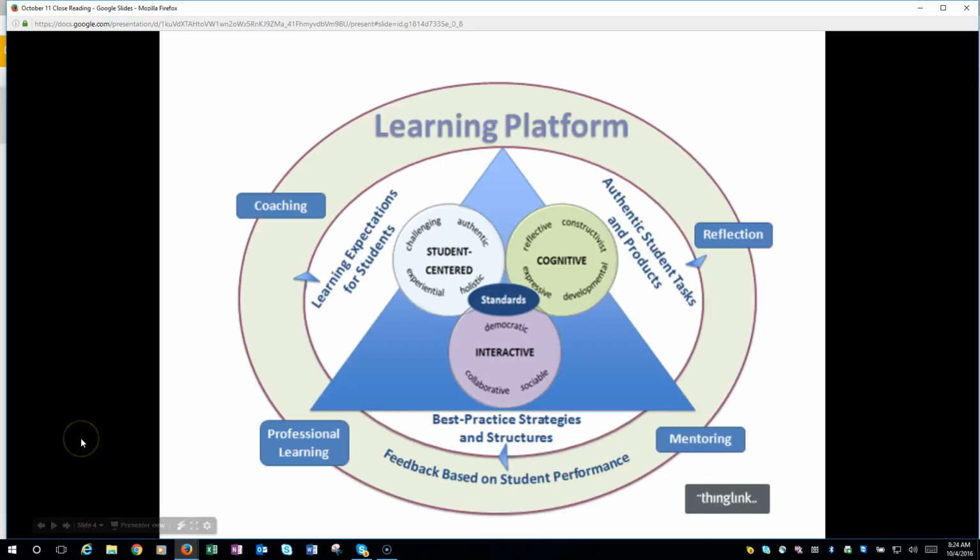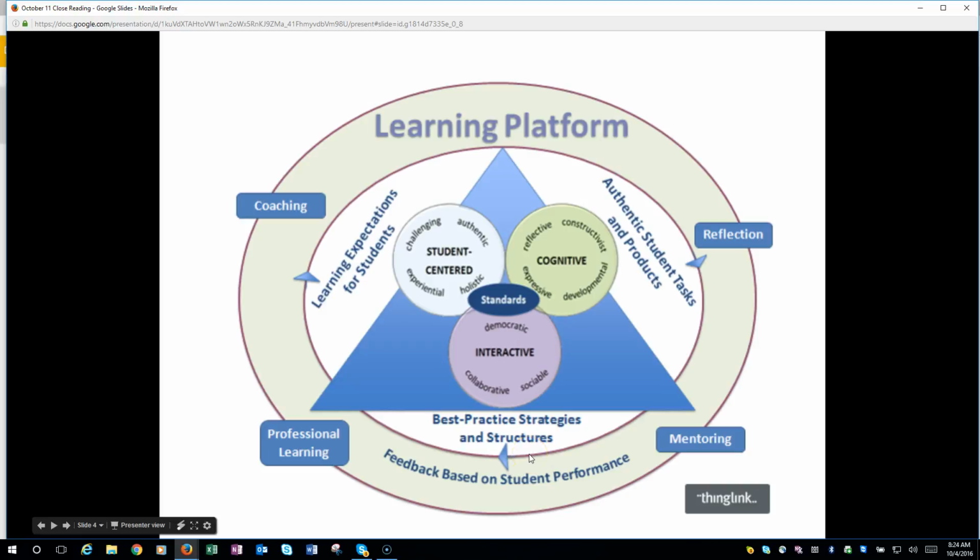And how does it fit into the learning platform here in Birdville? Everything about close reading is so tied to the learning platform. As you look at it, it has authentic student tasks and products. When you look at what you're asking kids to do, they're having rich discussion. It is best practice strategies and structures.